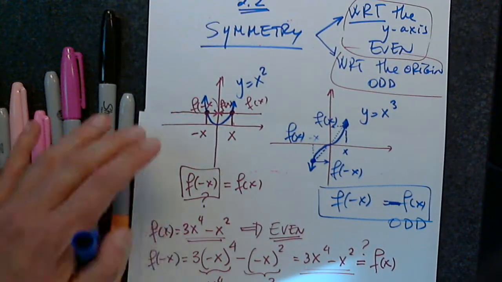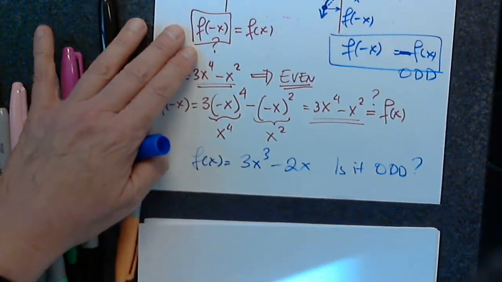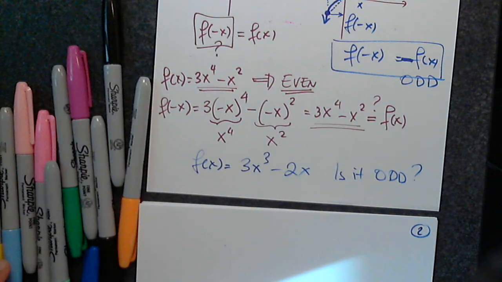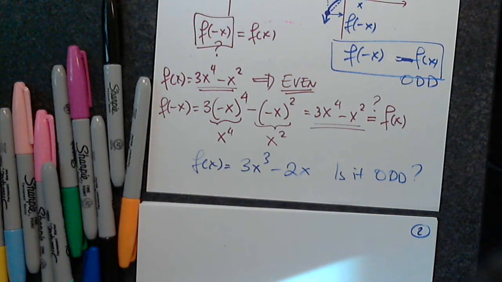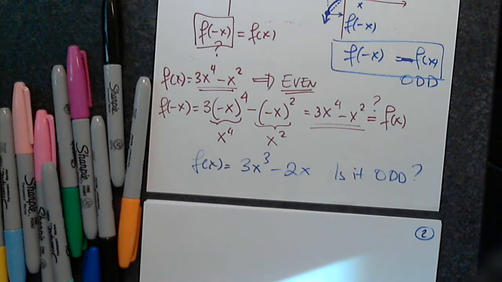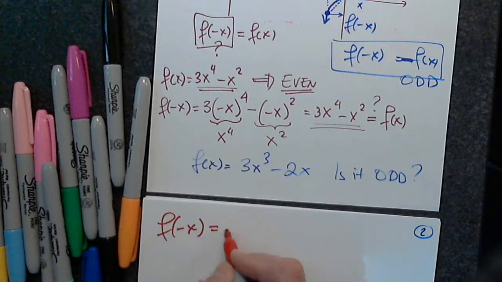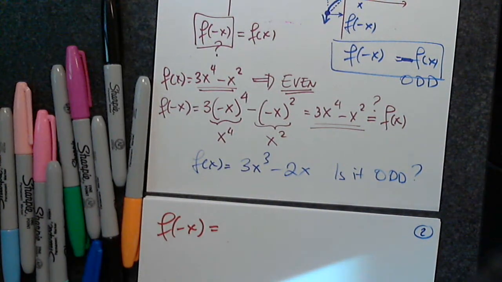Based on a previous problem, what do I have to find? What did we calculate in the previous example? Yes, we calculate f of negative x. It's the same thing. Nothing changes.